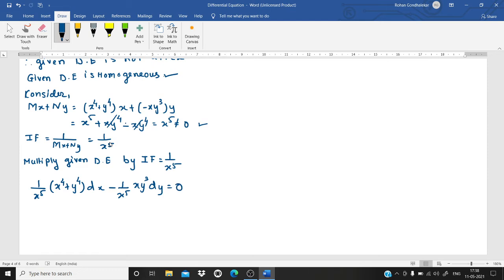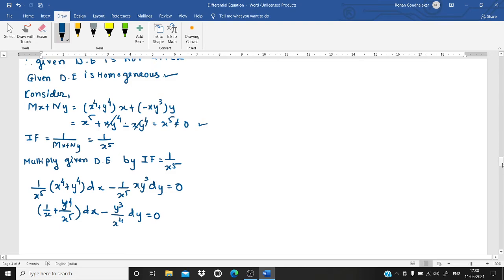Multiplying through, x raised to 4 into 1 upon x raised to 5 gives me 1 upon x in the first term. In the second term, y raised to 4 upon x raised to 5 dx minus, 1 x from numerator and 1 x from denominator cancelled, so we get minus y cube upon x raised to 4 dy is equal to 0.